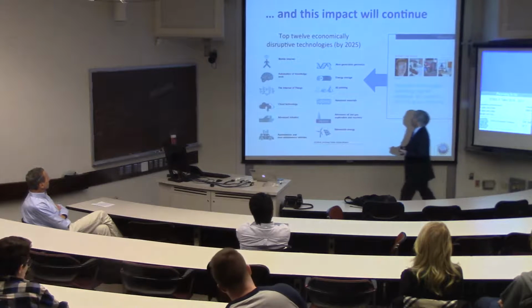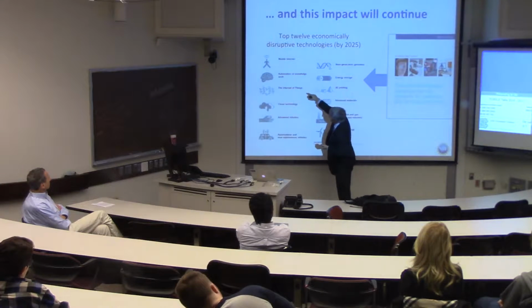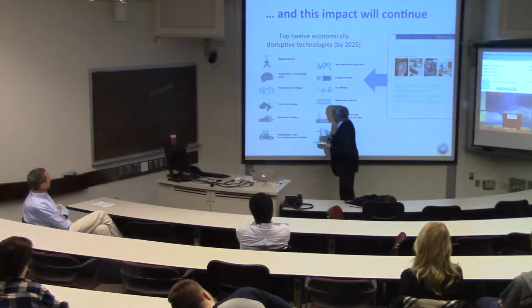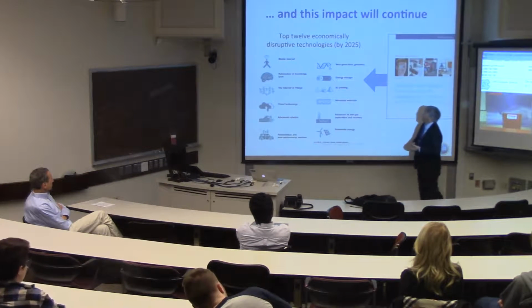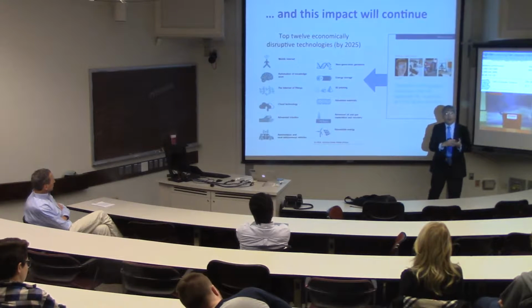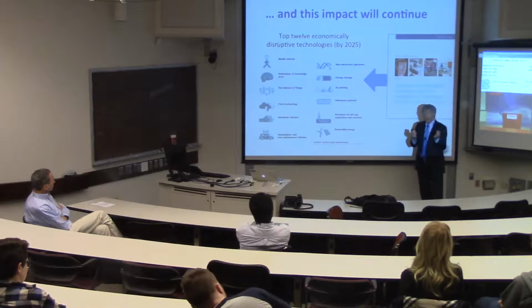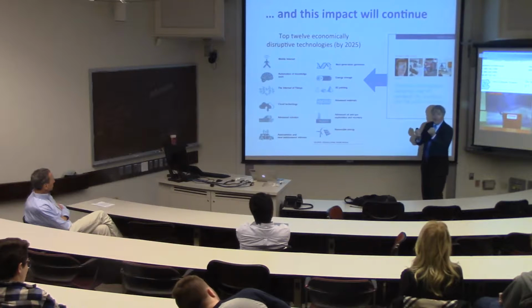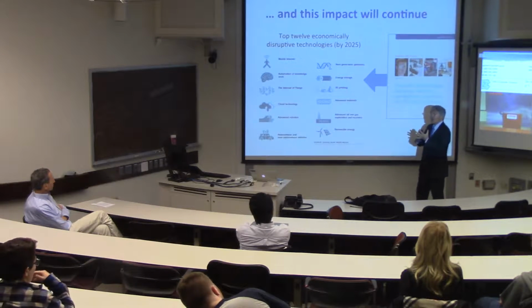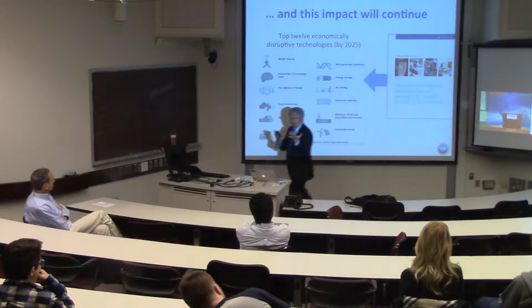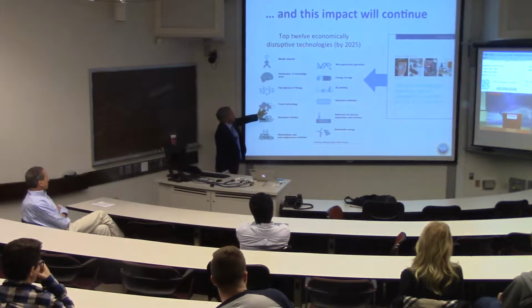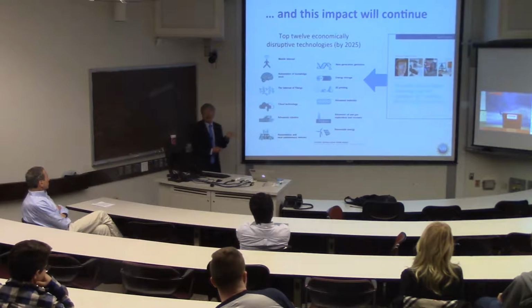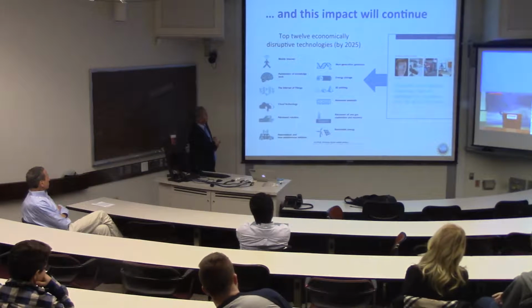When you look at them, mobile internet, automation of knowledge work, Internet of Things, cloud, robotics, autonomous systems, 3D printing, energy, next generation genomics, you might think that all of these are IT or computing related, but actually this is across all areas of technology. So again, I think the impact that our field is going to have going into the future is self-evident here, that there are just so many areas in which we're going to contribute.